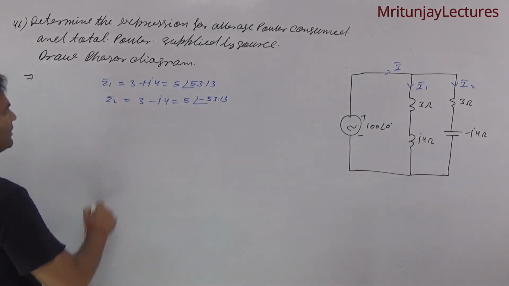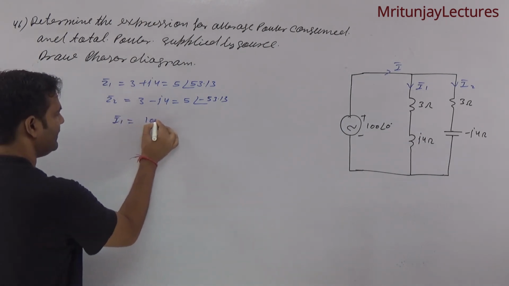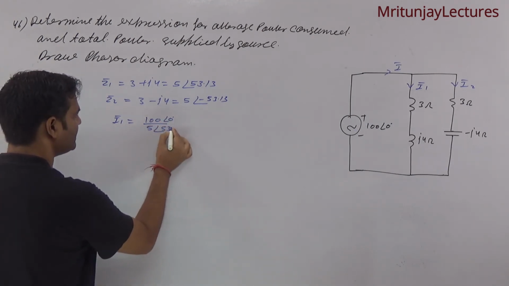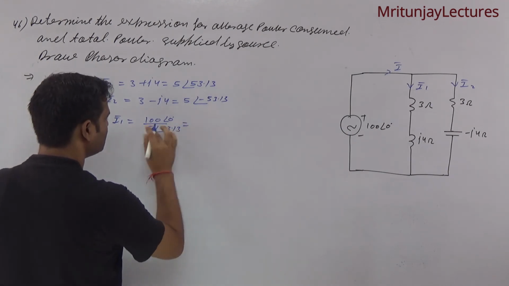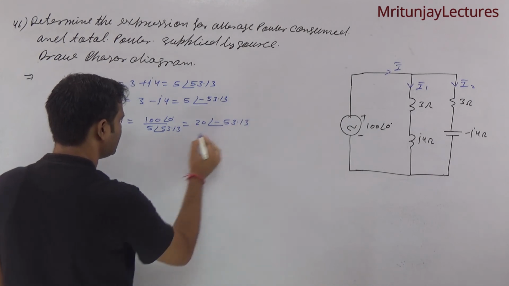Now what about I1? I1 is written as 100 at the angle 0 divided by 5 at the angle 53.13. We got 20 at the angle minus 53.13.